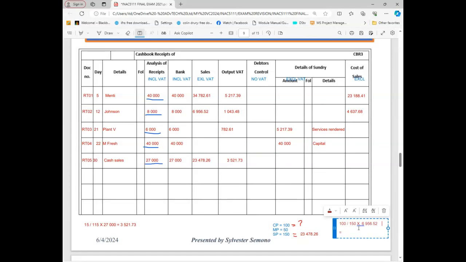You see? Just going to change it here and put how much? 23,000. And how much will be the cost of sales? Please use the calculator there. Cost of sales is 15,652. This is the amount of the cost of sales, which I'm going to record here.